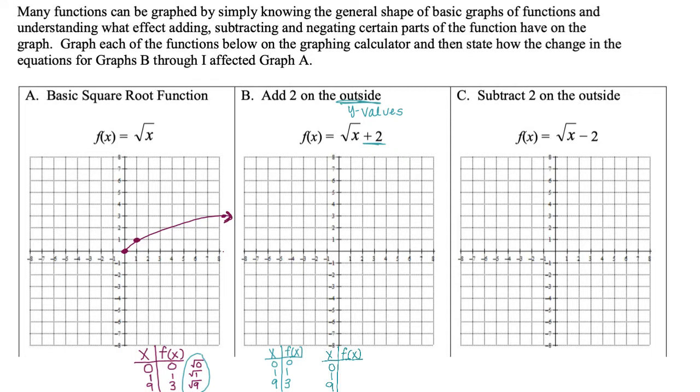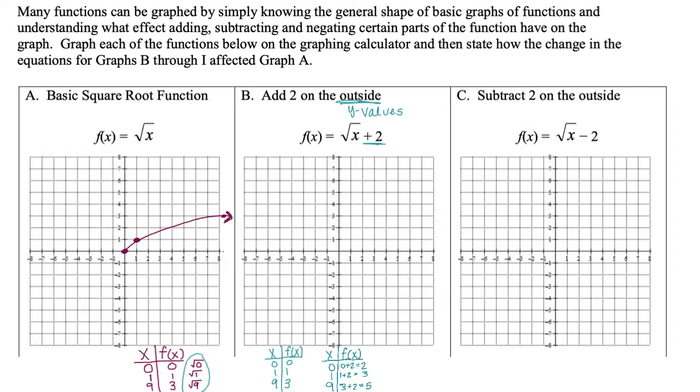So 0 plus 2 is going to give me 2. So that y value is 2. And then 1 plus 2 is going to give me 3. And then, sorry, 3 plus 2 is going to give me 5.